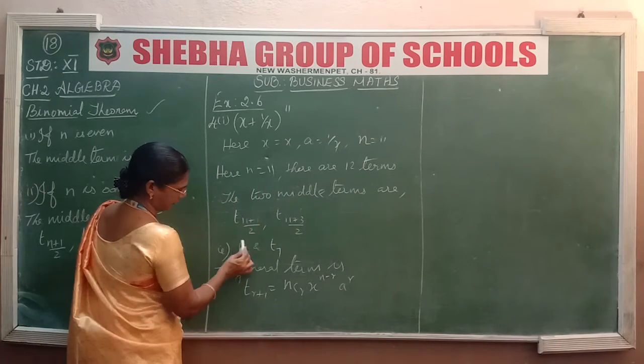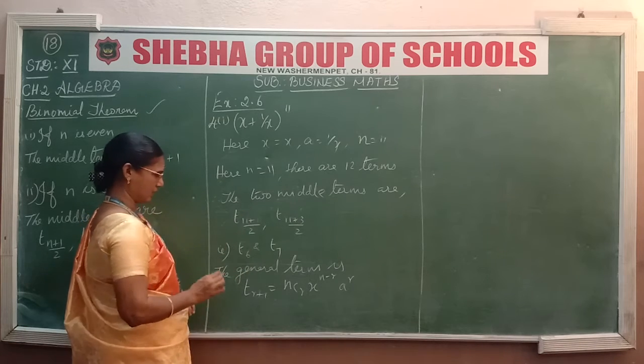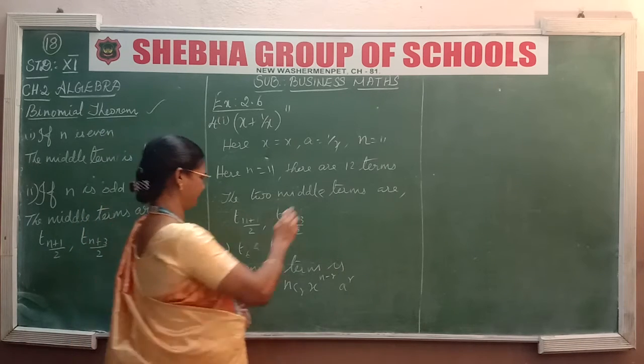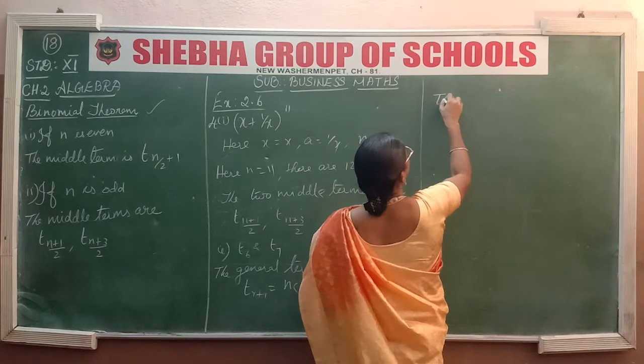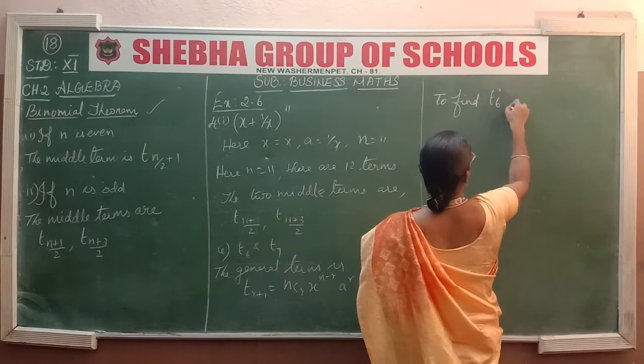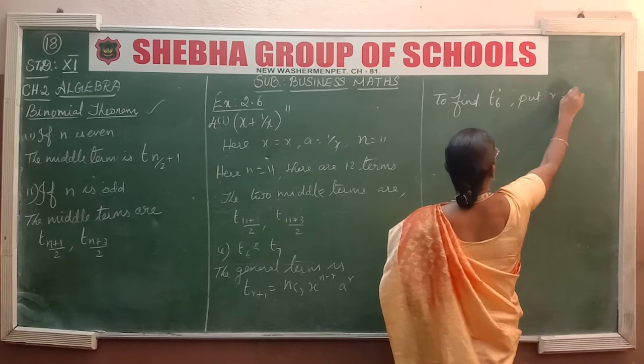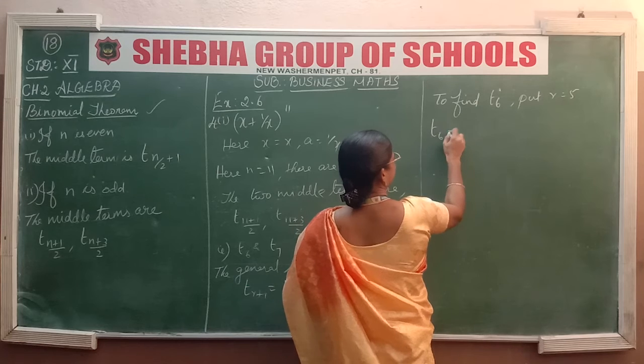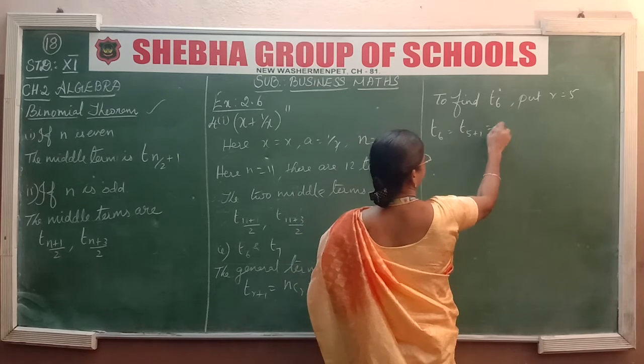First we find T6, which means we put r is equal to 5, isn't it? To find T6, put r is equal to 5. That is T6 means T5 plus 1 is equal to nCr.